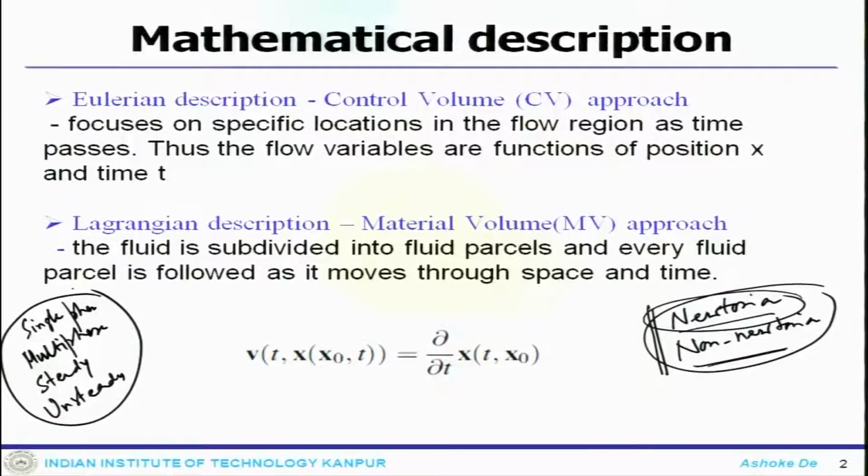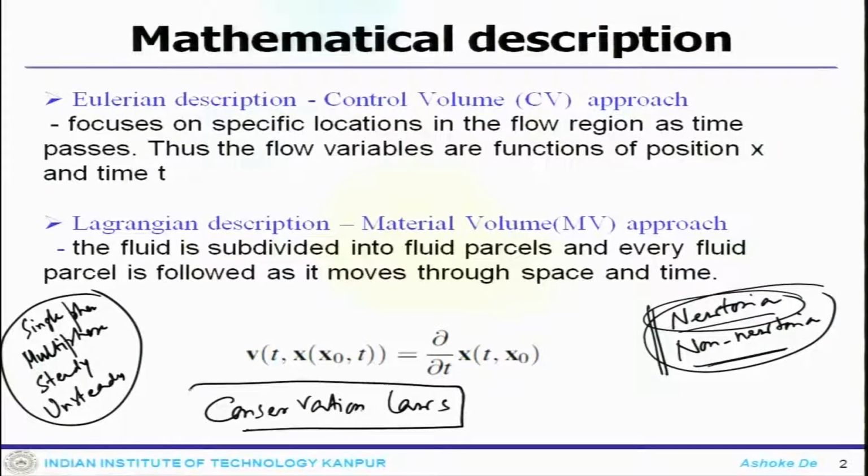Now, the Navier-Stokes system, or the conservation laws of this fluid mechanical system, are defined in two particular frameworks. One is the Eulerian description, or control volume approach, and the other is the Lagrangian approach, or material volume approach.